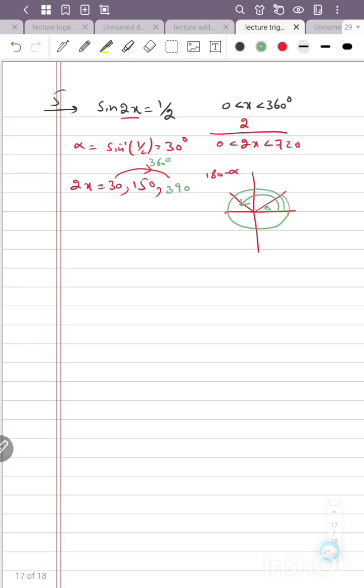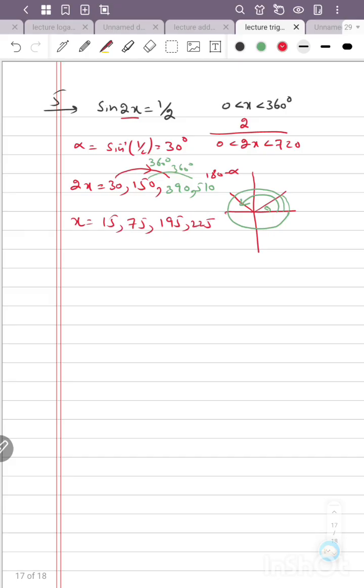Okay dear student, now you have to add 360 degree more, you get the answer 510. Okay dear student, you have understood these questions. Now we find x. x is 30 divided by 2, we get the answer 15. 150 divided by 2, the answer is 75. 390 gives 195, and 510 gives 225.